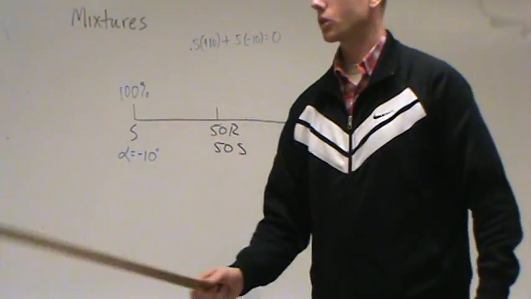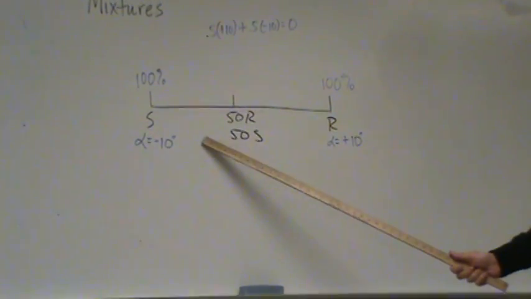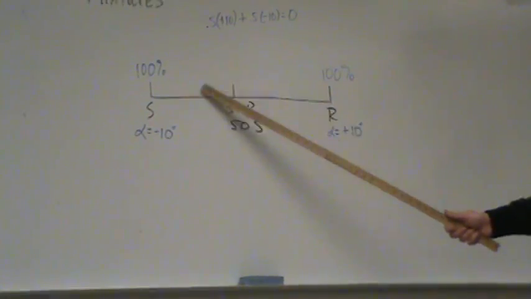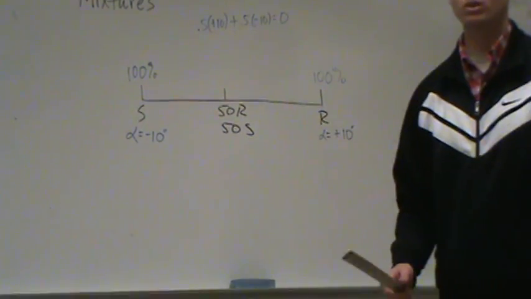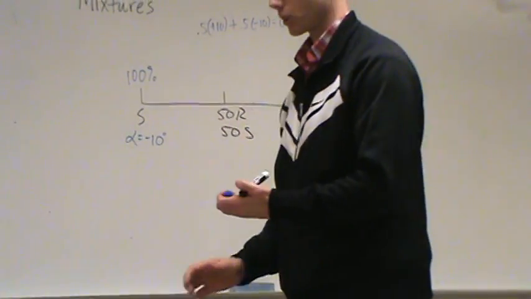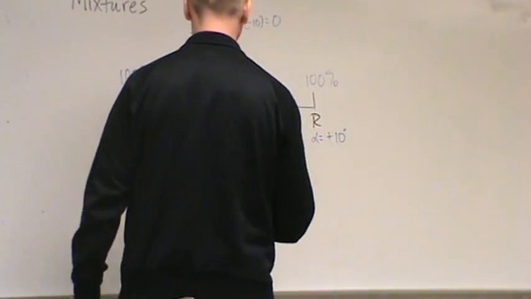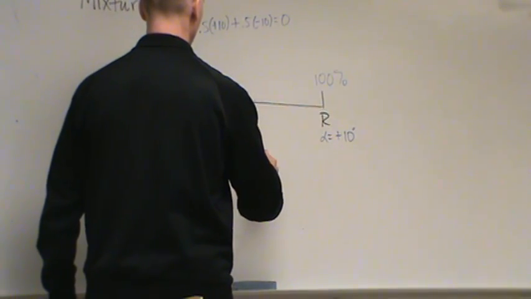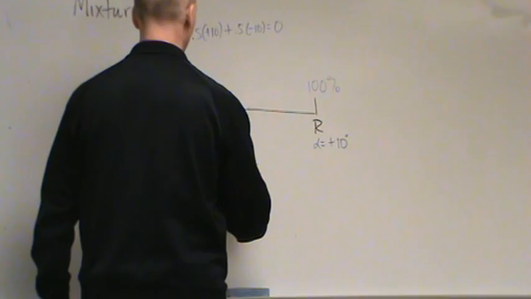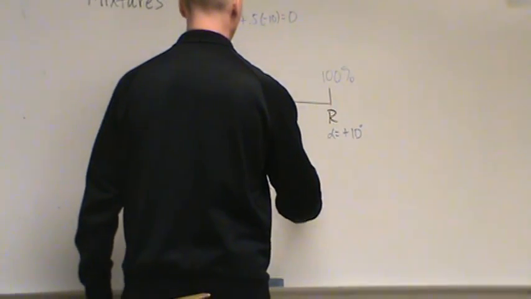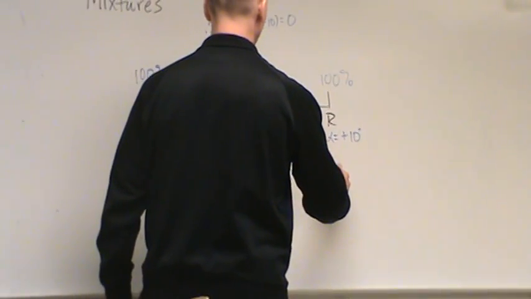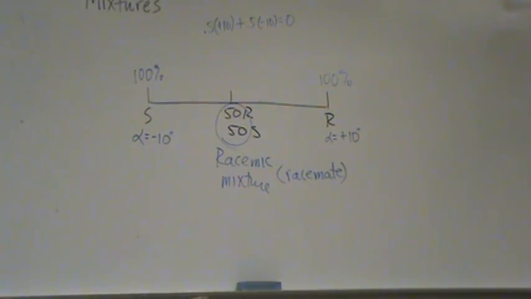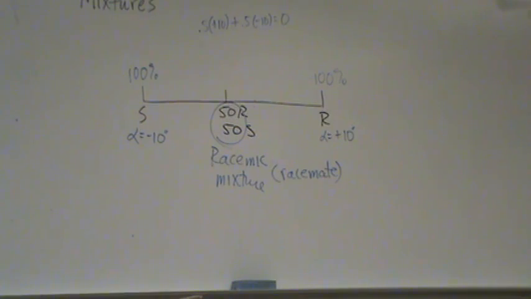Okay? So this is a second way to get an alpha value of 0, if I have a 50-50 mixture of 2 enantiomers. And this particular mixture has a special name. It's called a racemic mixture, or sometimes called a racemate.